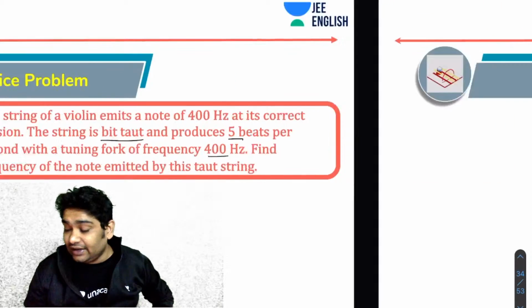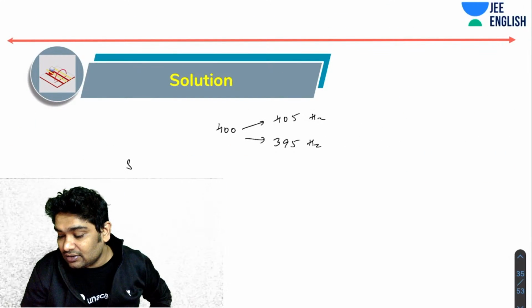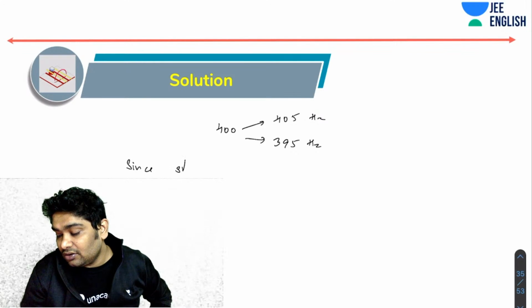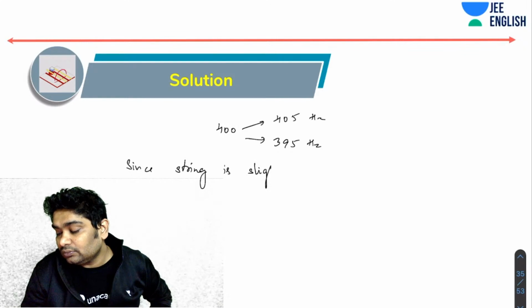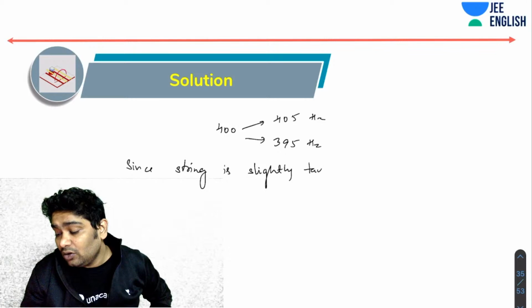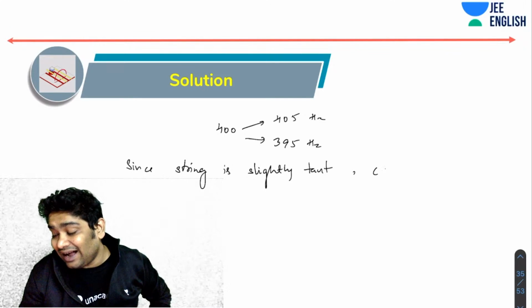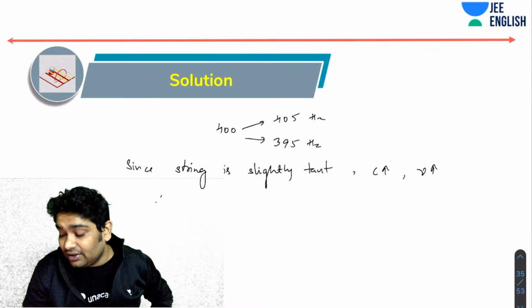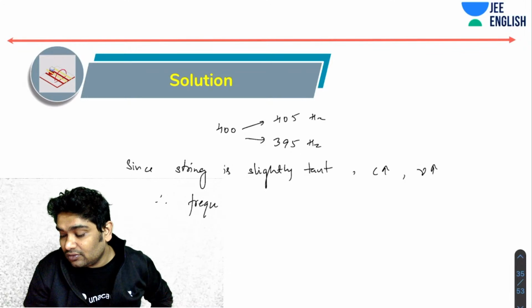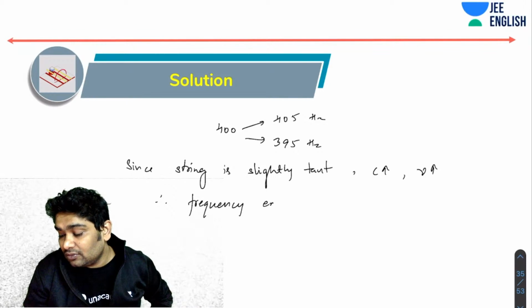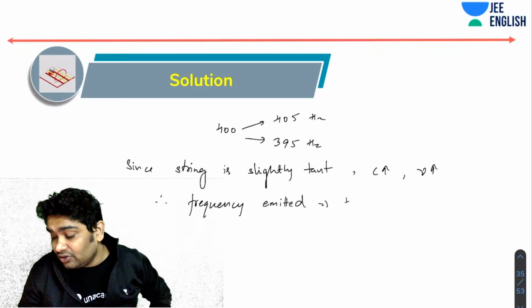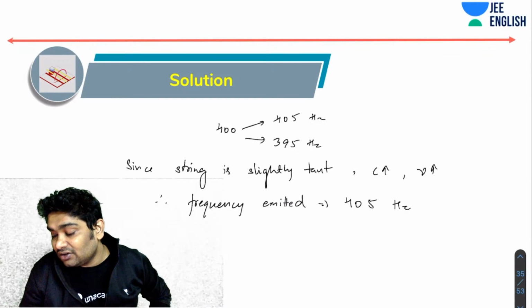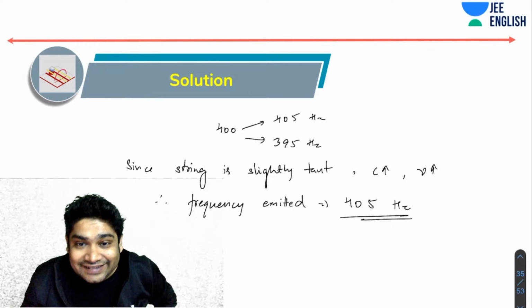Since the string is slightly taut, that implies that C is higher. If C is higher, nu would be higher. Therefore, the frequency emitted would be slightly higher than the natural frequency. It would be equal to 405 hertz. That is your answer. That is how easy it is.